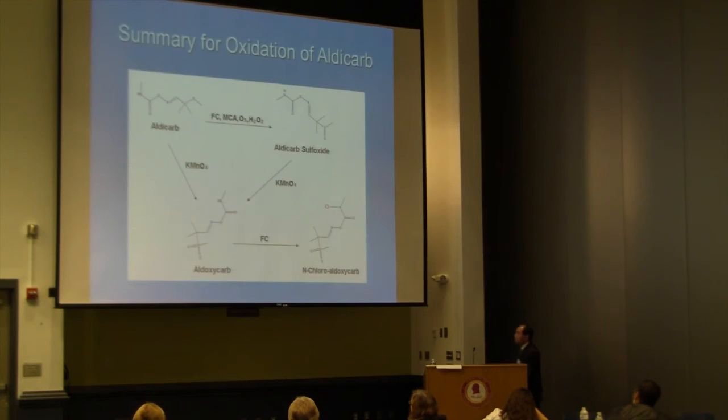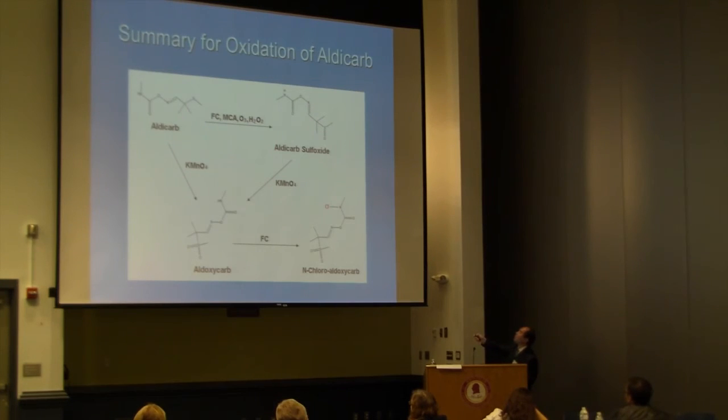And then, by summarizing the results of our research and experiments, we propose the pathway of Analytical. Okay, so this is the oxidation of the parent pesticide, and under free chlorine and ozone and hydrogen peroxide, it will produce this compound.